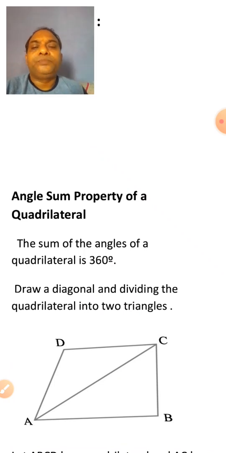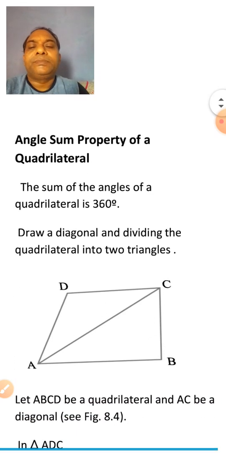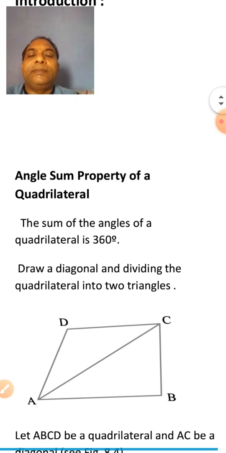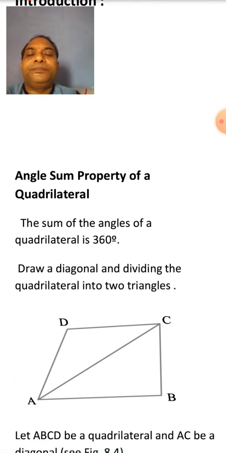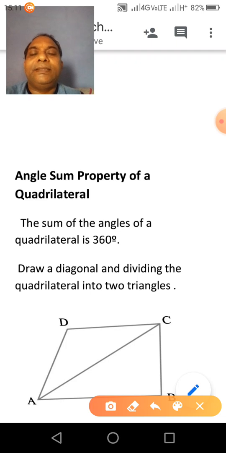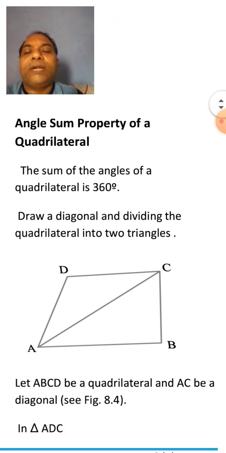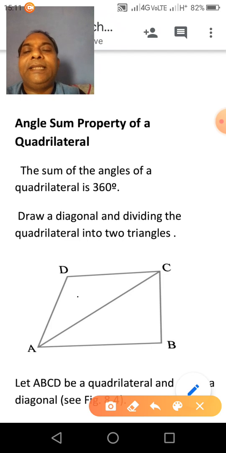You can prove. So here ABCD is a quadrilateral. Join A to C, then diagonal AC divides the quadrilateral in two triangles, triangle ADC and triangle ABC.